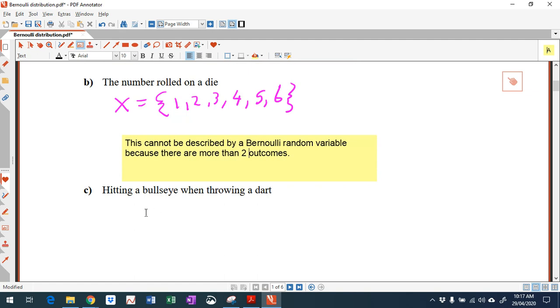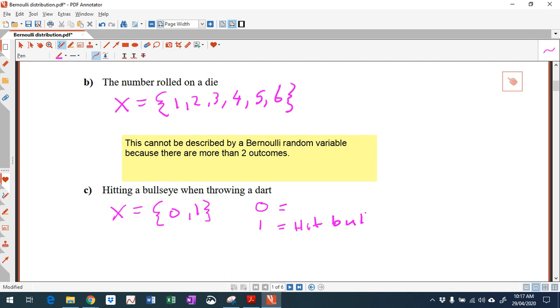Okay, now let's do the next one, hitting the bullseye. We can describe this as X equals 0 and 1 again. Now, 1 is always success, so that's hitting the bullseye, and 0 is missing the bullseye.